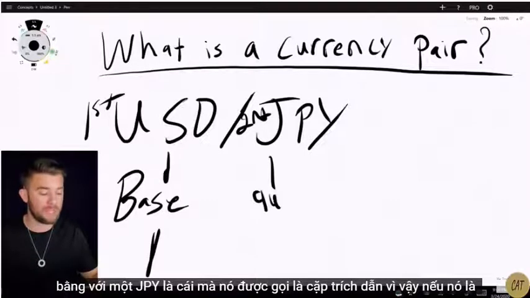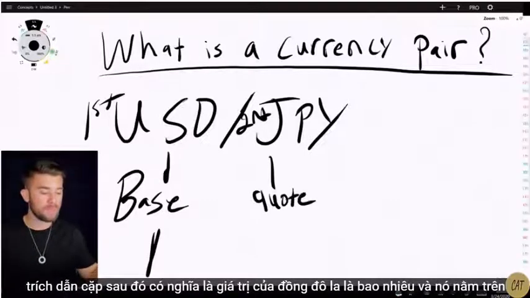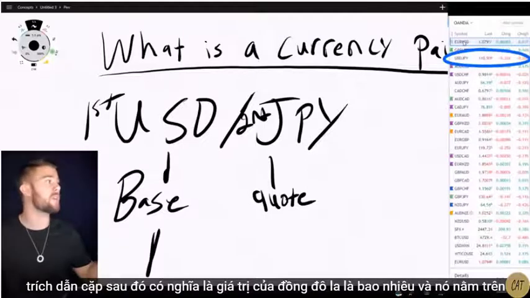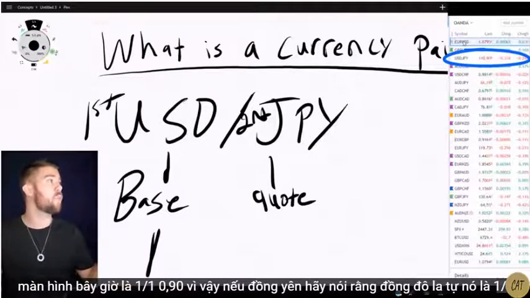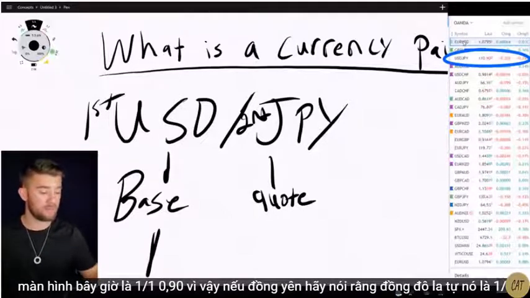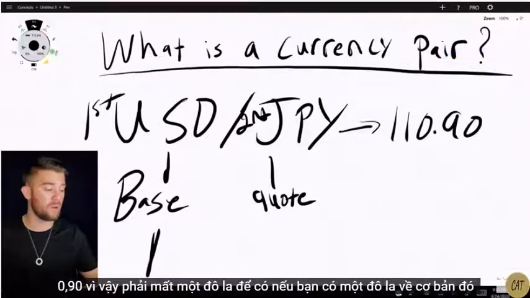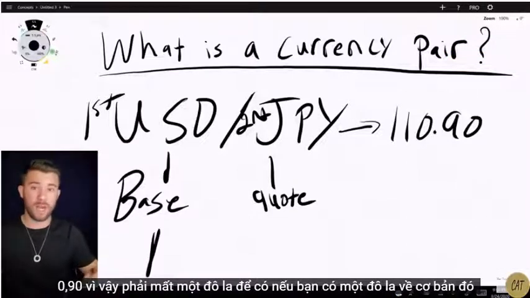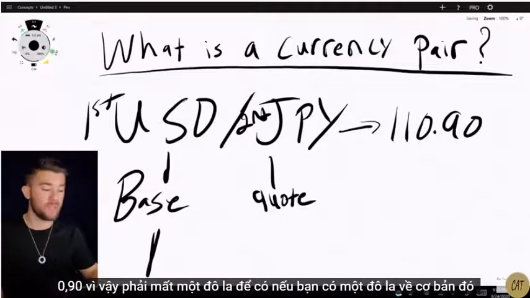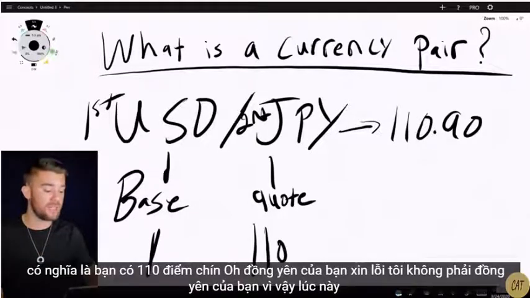So if it's the quote pair, then that means whatever the value of the dollar yen is, and it's on the screen now, it's 110.90. So the dollar yen itself is 110.90. So if you have $1, essentially, that means you have 110.90 yen.